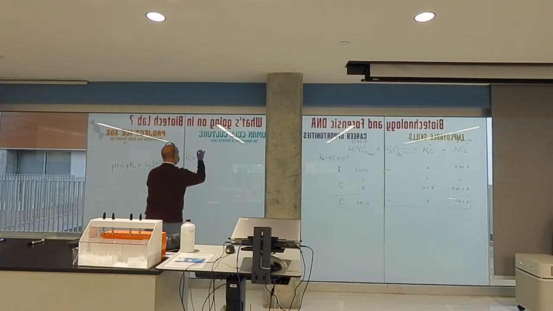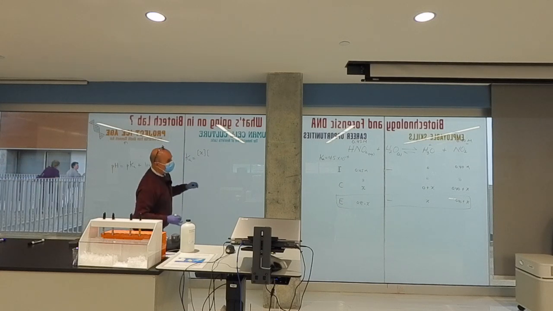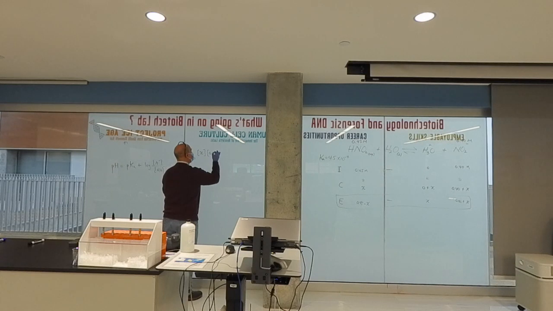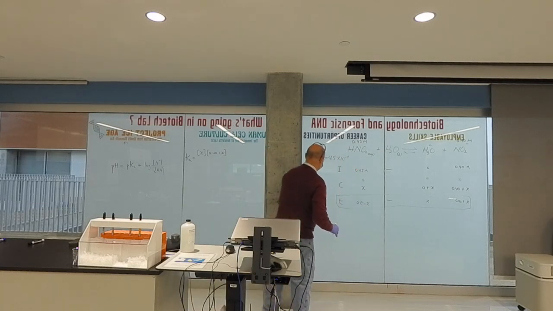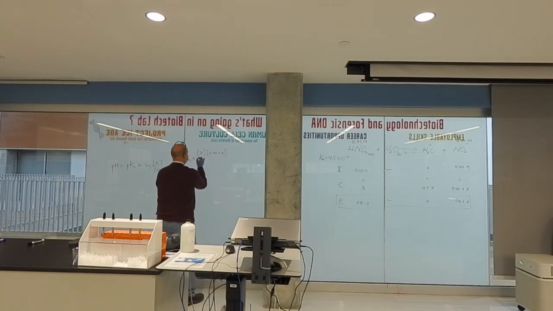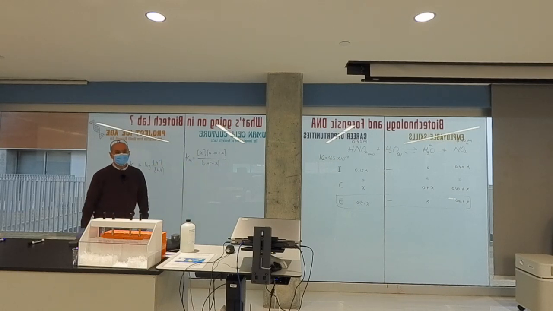So it's going to be X times 0.40 plus X, divided by, water doesn't count, this concentration, 0.45 minus X. Okay?